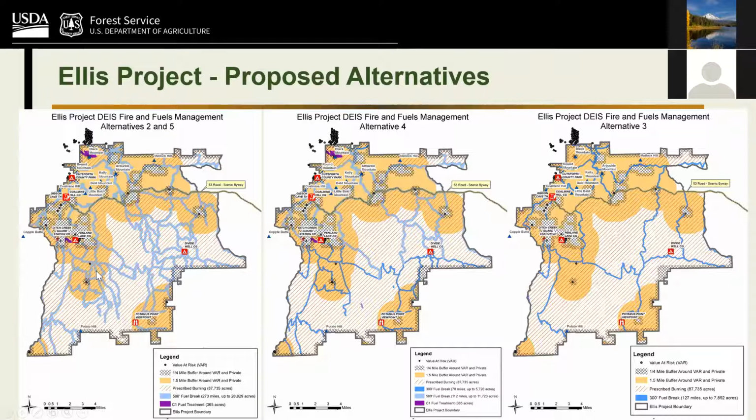So these blue squiggly lines you see are fuel breaks that are along roads, and alternatives 2 and 5 have the most. And then 4, you can see the emphasis is on the northern part of the project area with the fuel breaks, and then alternative 3 has very few fuel breaks. So again, we provided a wide range of options there across alternatives.